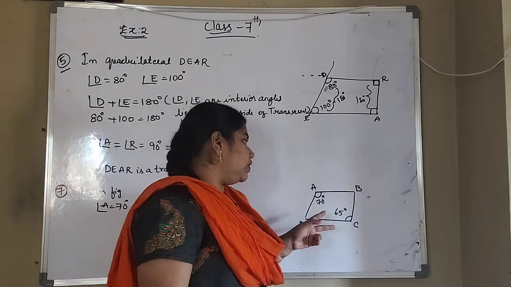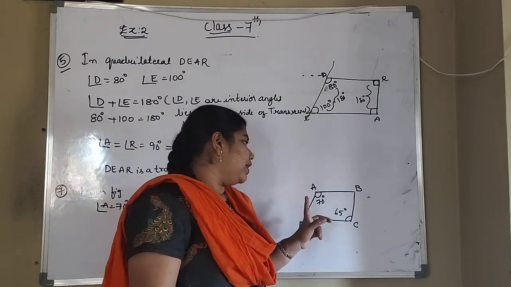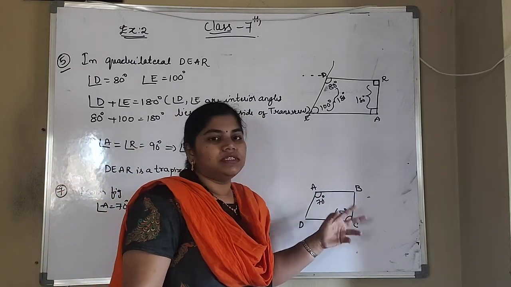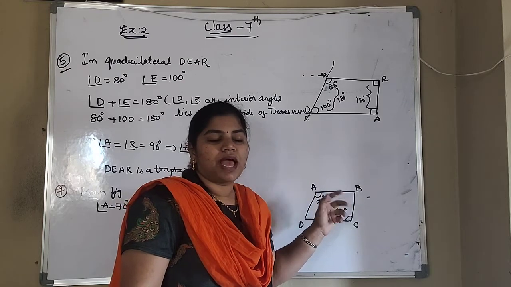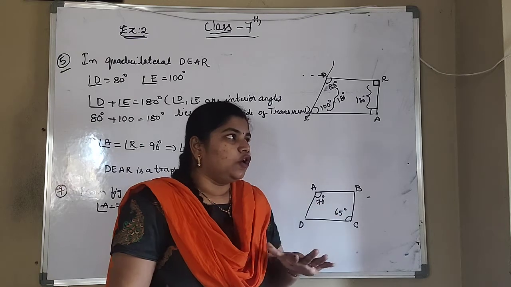By using the properties of a parallelogram, we can say that in a parallelogram opposite sides are parallel and opposite angles are equal, but in this case opposite angles are not equal.